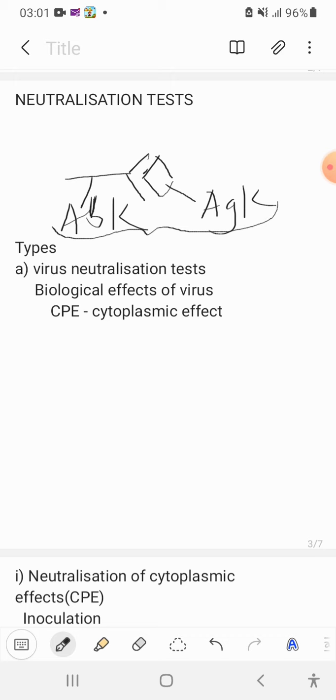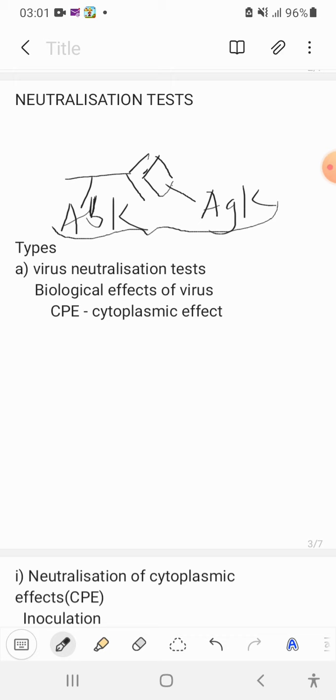The biological activity of the antigen is cancelled, so it cannot cause disease or cause death of the animal. So we say it neutralizes the biological activities of an antigen. That's the principle we use in the neutralization test.